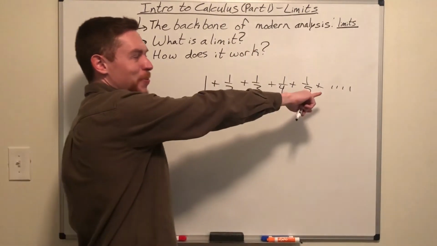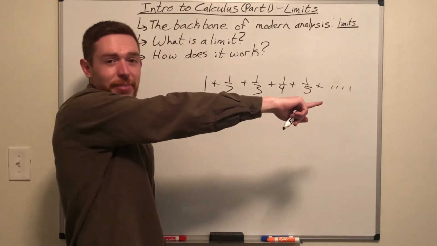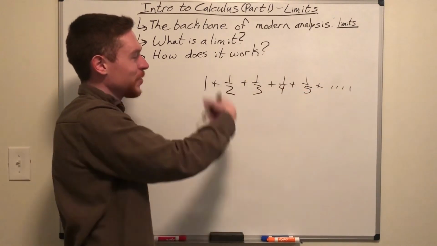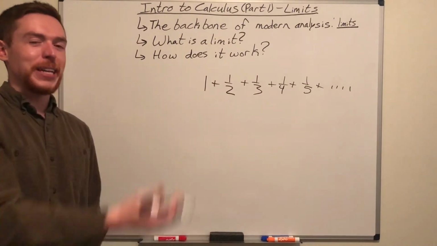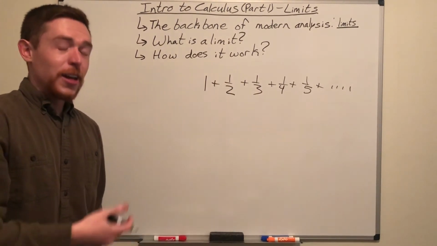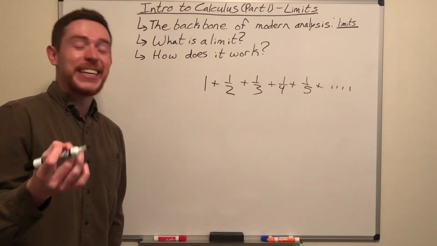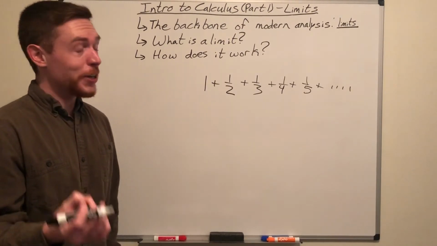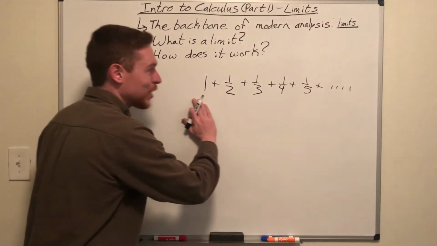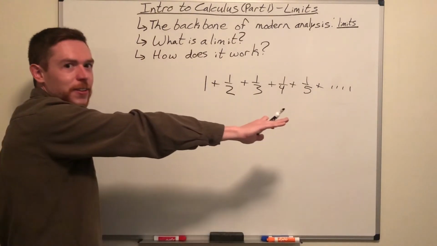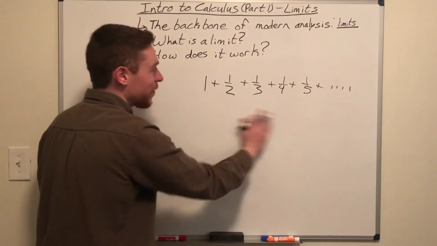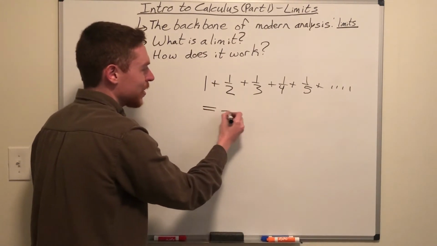Well, I can't add up all the way to infinity. So what I would have to do is use a limit to actually be able to add this up. And this is one of the hints that infinity is really weird: whenever I actually add up all this stuff by using a limit, what I find is that it adds up to infinity.